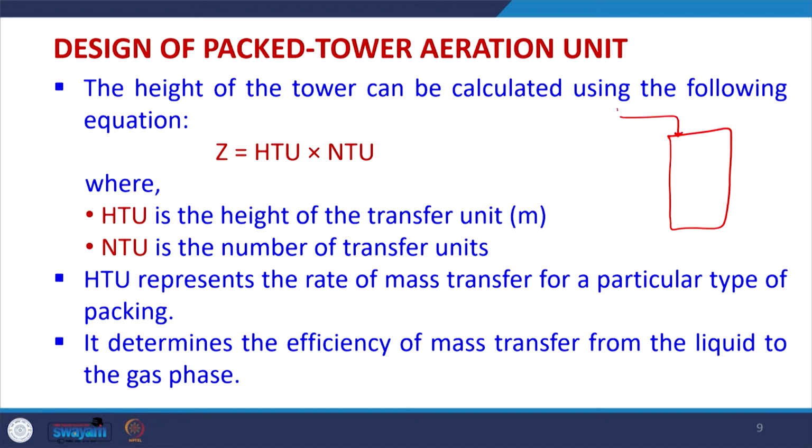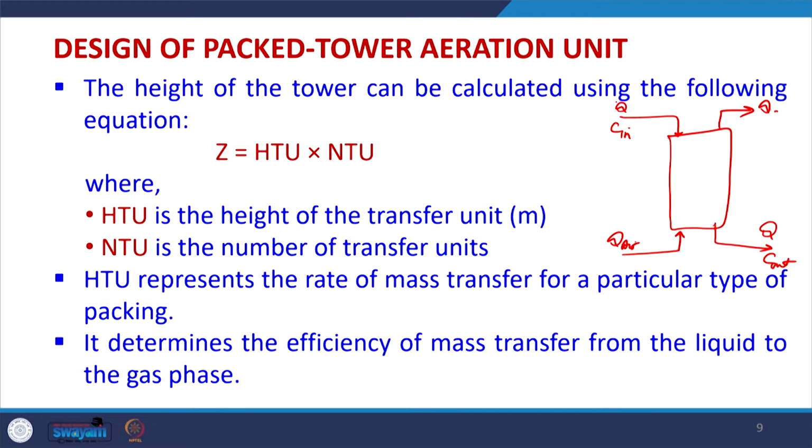Water is coming here, it will be having some concentration of pollutant, and this water will go out from here, and its concentration will be reduced to a certain value. We will be having air. For air we can write some flow rate, it will certainly have no VOC concentration initially, and then it will go out at a certain air flow rate.